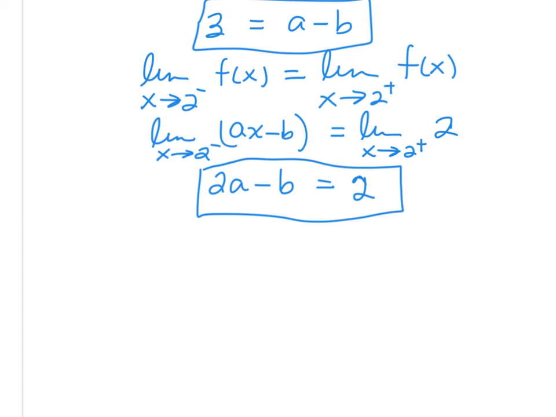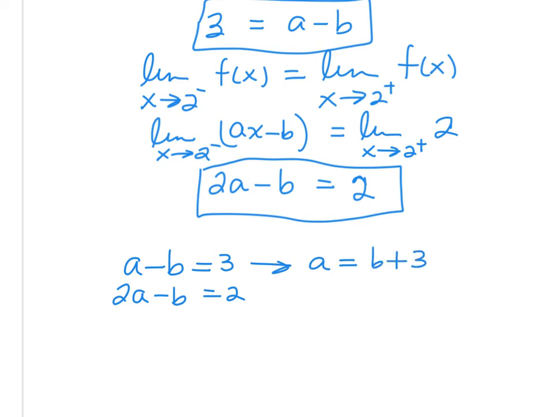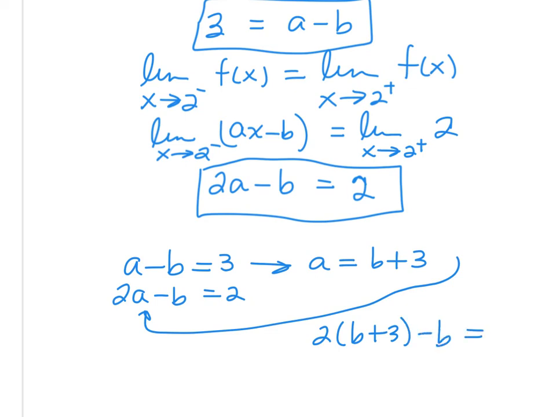Let me write this down here. We've got a minus b equals 3, and 2a minus b equals 2. You can solve the system however you want. I think what I'll do is take the first equation and solve for a, and I get a equals b plus 3, and then I'll substitute that into the second equation, and I get 2 times b plus 3 minus b equals 2.